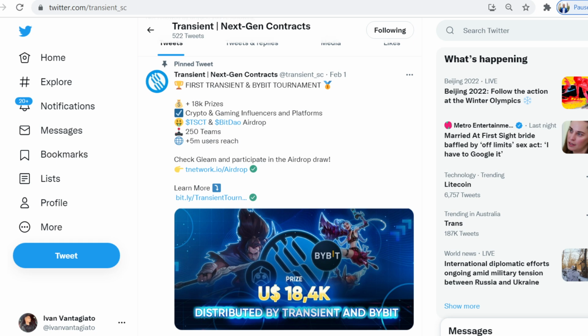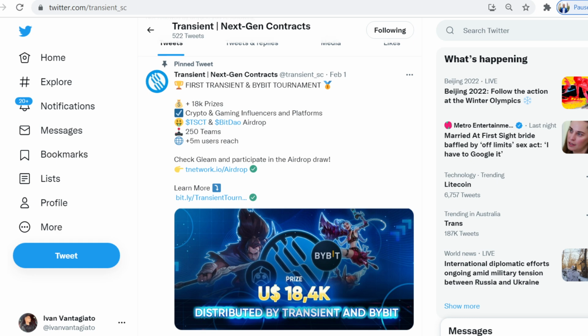Now, when we talk about the entire ecosystem, what the project is all about, and in general where this is going, this is a huge thing happening. The Transient third DApp is going live in March.